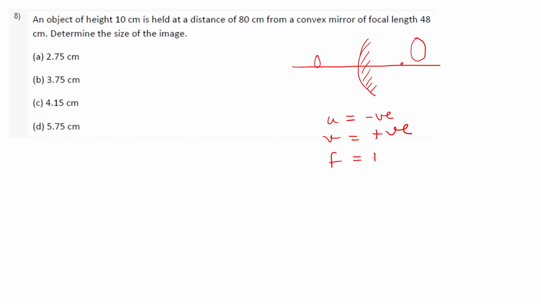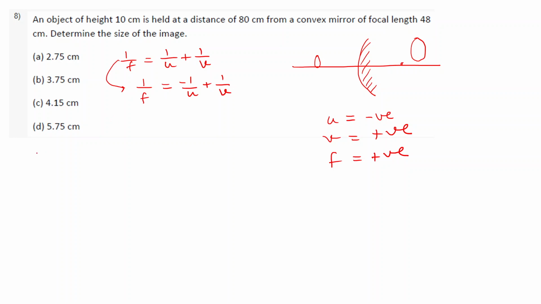Focal length will also be positive. So what will happen to the mirror formula? 1 over f is equal to 1 over u plus 1 over v. This is its original form. After considering this sign convention, I'll get 1 over f is equal to minus 1 over u plus 1 over v. This will be my suitable mirror formula for this situation.